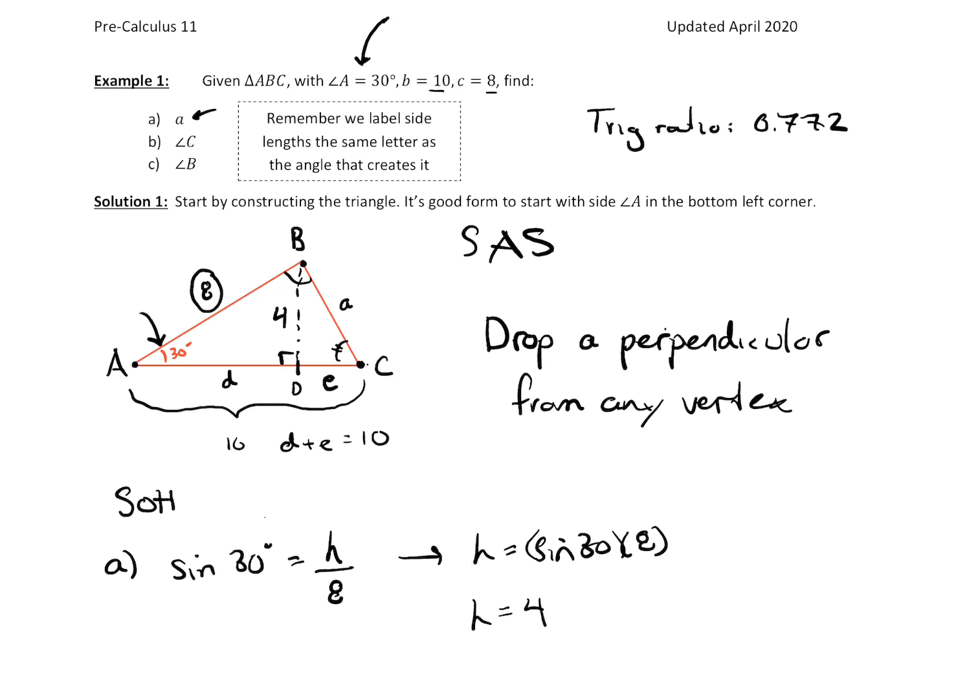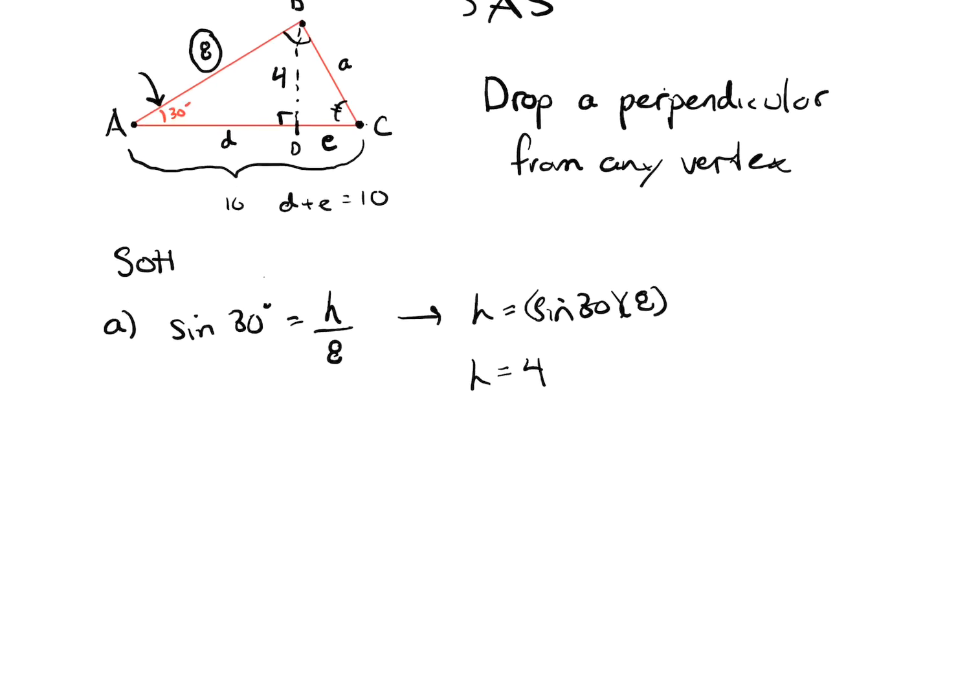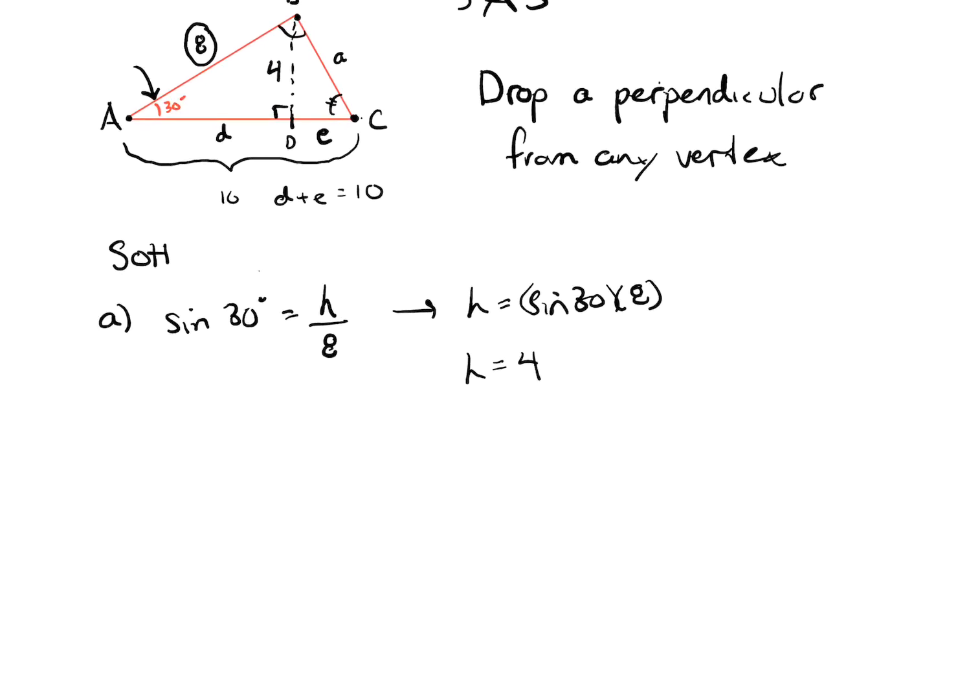Because now that we have h equal to 4, we can solve for D by using the Pythagorean Theorem, because I'm going to circle them in green. You have the hypotenuse, you have one side, you have another side, right? So D squared is equal to 8 squared minus 4 squared. So D squared equals 64 minus 16. D squared equals 48.